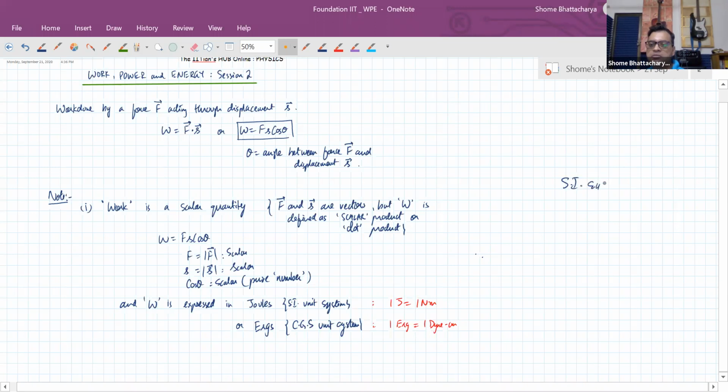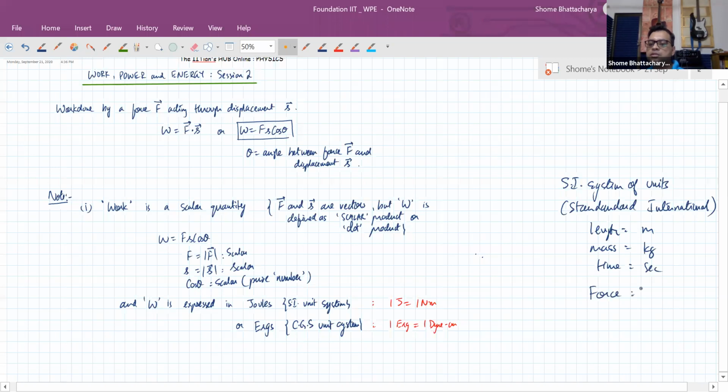So in this, length is expressed in meters, mass in kilograms, and time in seconds. So force is expressed in newtons, where 1 Newton is 1 kilogram meter per second square.